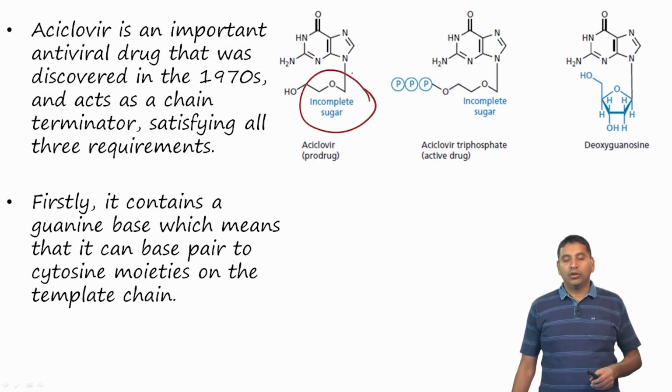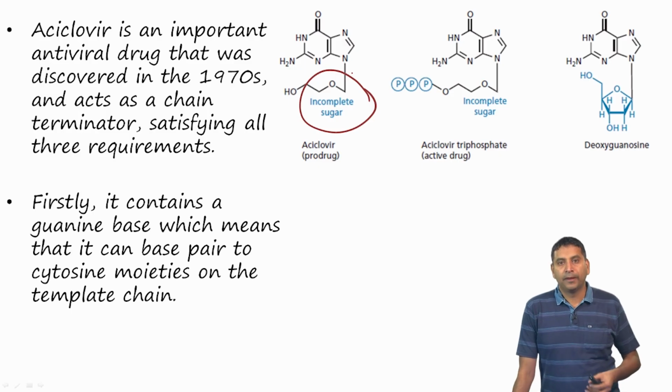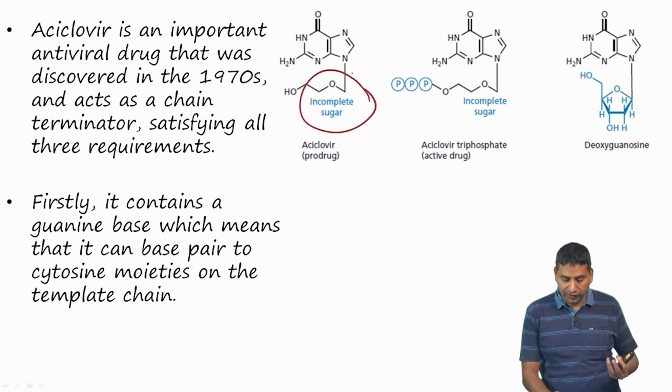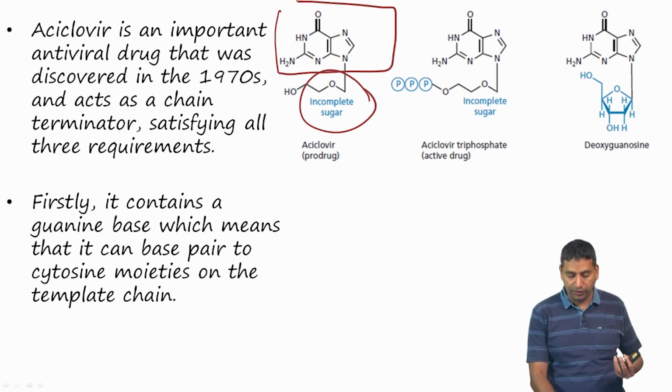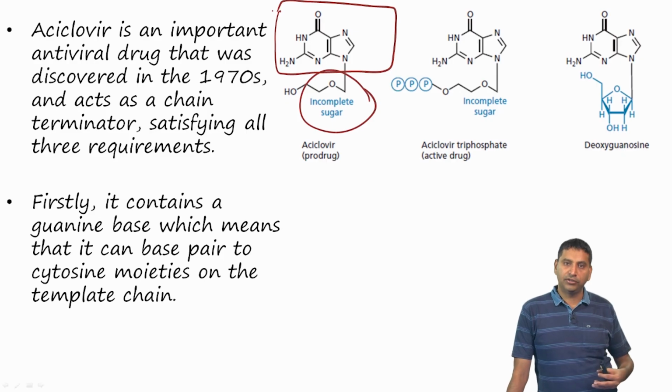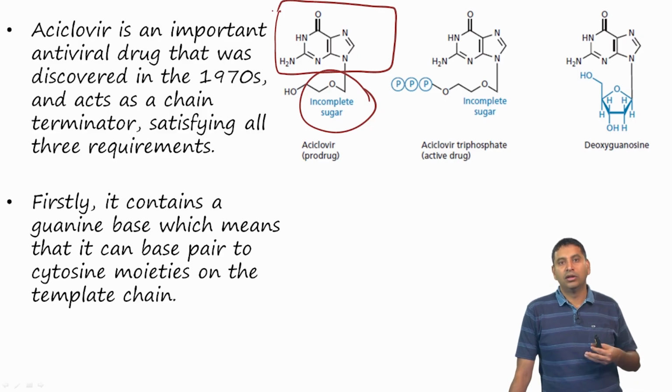Once there is an incomplete sugar, the first reaction happens because the recognition element for the hydrogen bonding comes from here, but after it recognizes, it does not elongate, or you do not add another base, because there is no sugar, there is no hydroxyl group for it to react further.